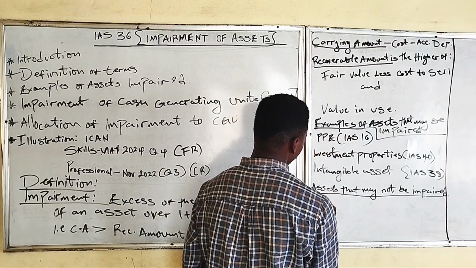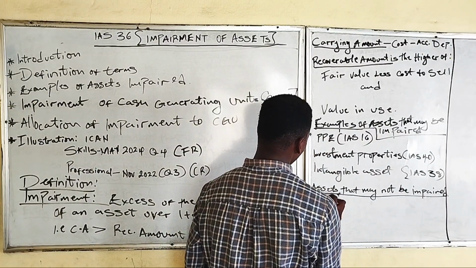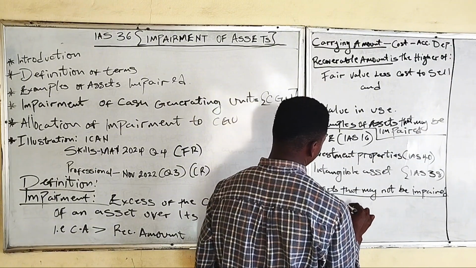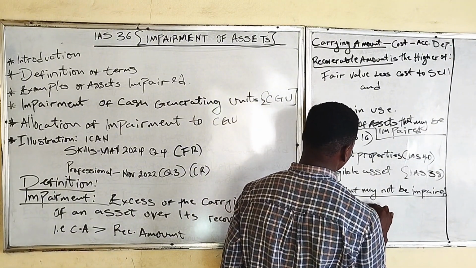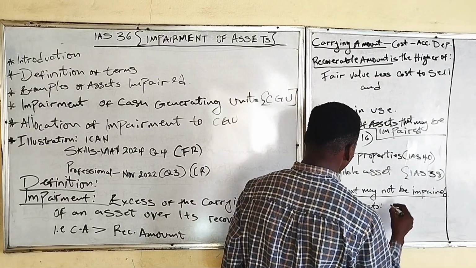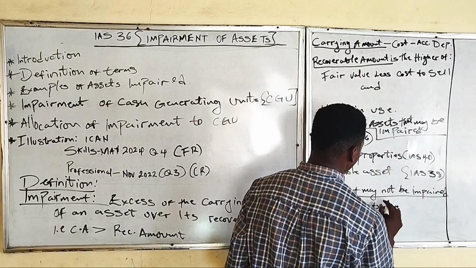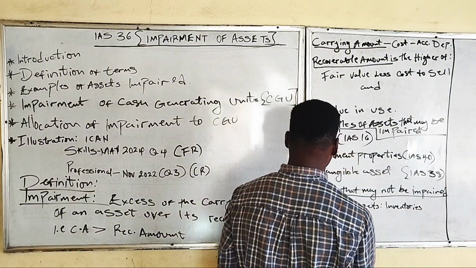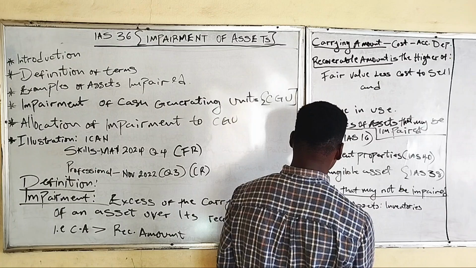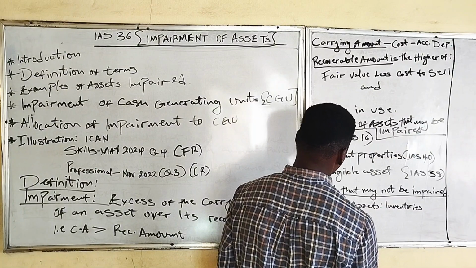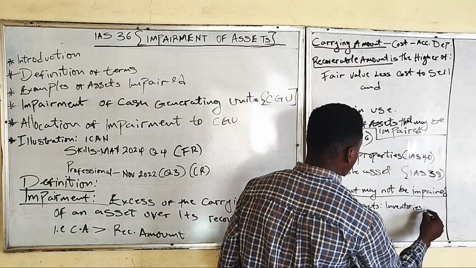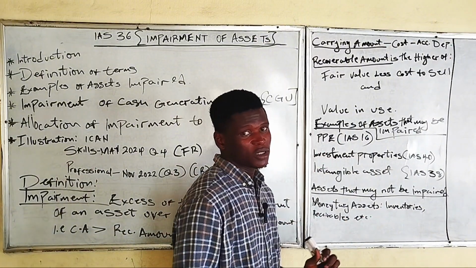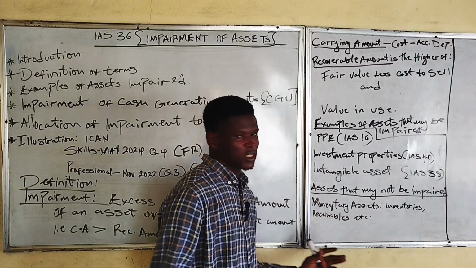We have one, all monetary assets. Monetary assets, e.g. inventories, receivables, etc. So examples of assets that are not impaired is a monetary asset.